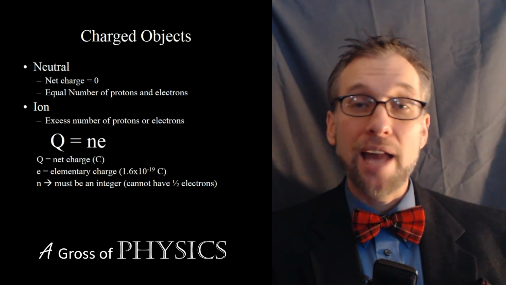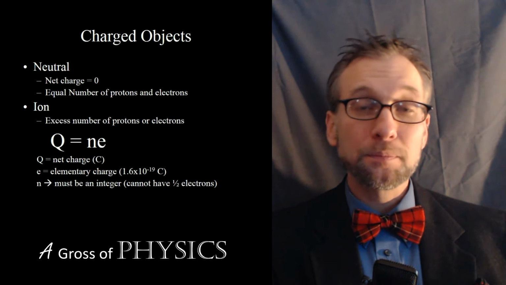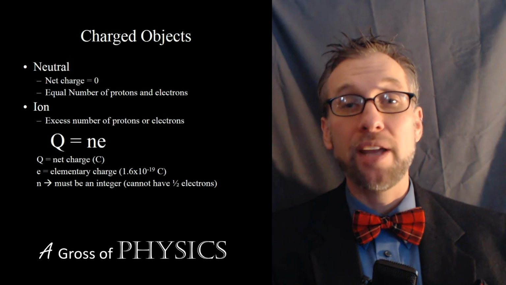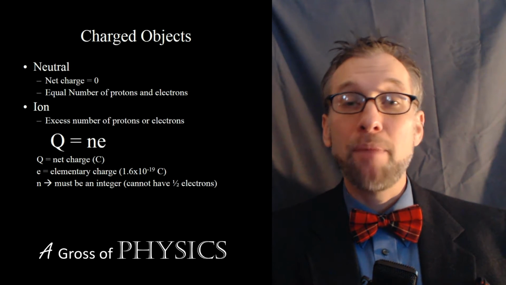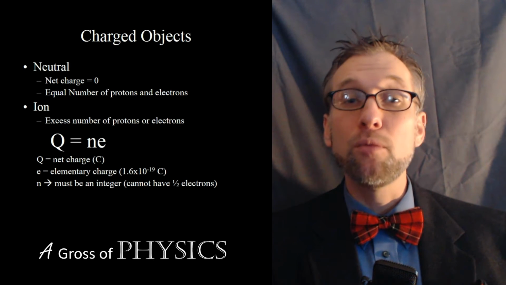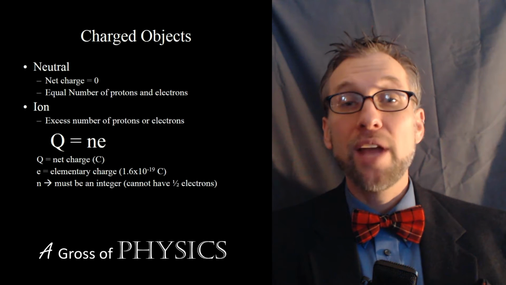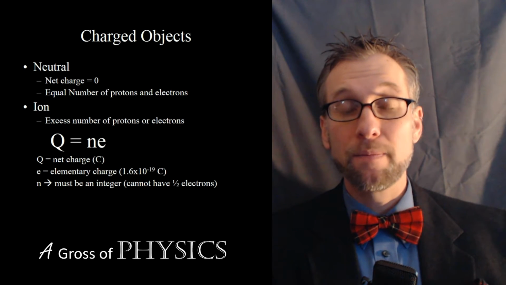But in strictly static electricity, what we need to worry about is how many extra electrons we have. Now, if we have a net positive charge on an object, that means electrons are removed from the object. If we have a net negative charge, it means that the object is gaining extra electrons.